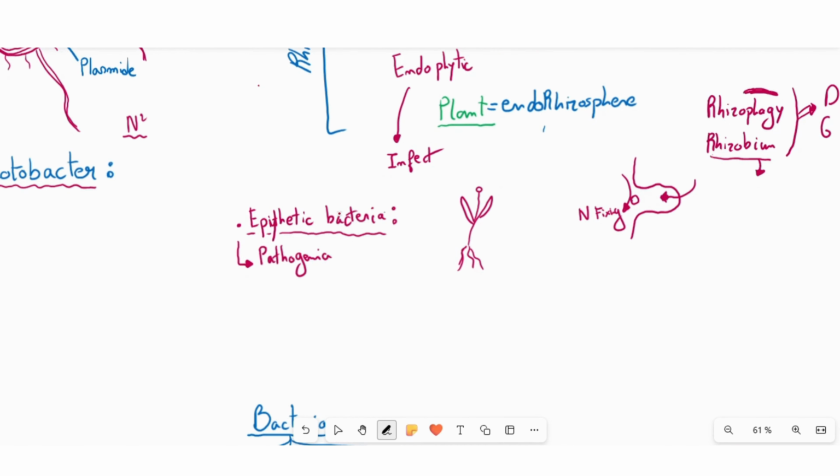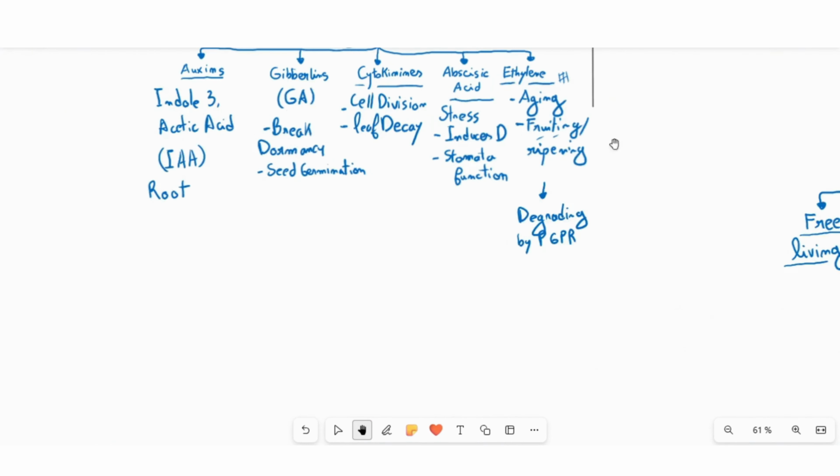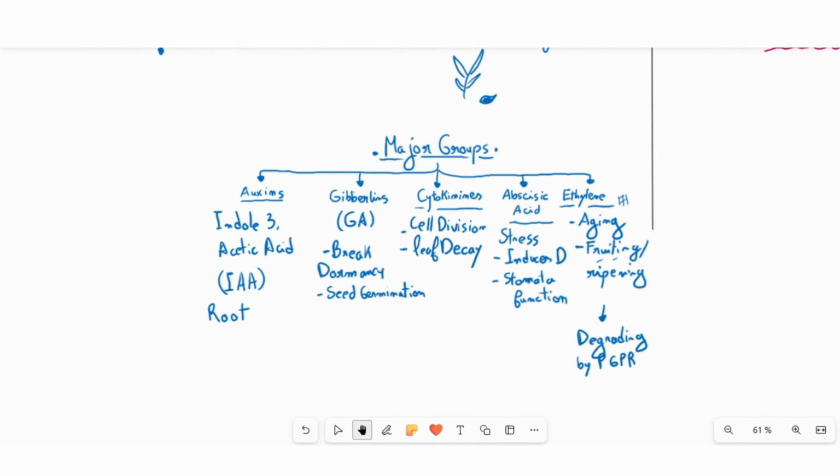Okay, now the pathogenic ones, for example, we can say certain Erwinia strains. Like, for example, let's go back to the hormone groups. Certain Erwinia strains are going to influence ethylene levels, and they're going to prevent the ripening of fruits.